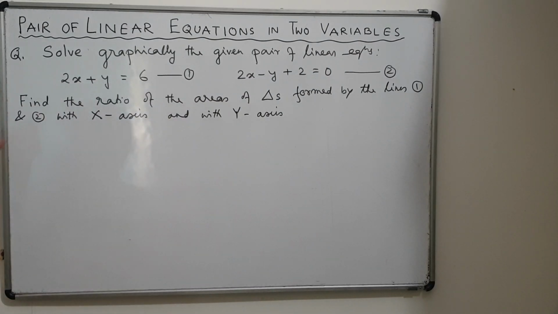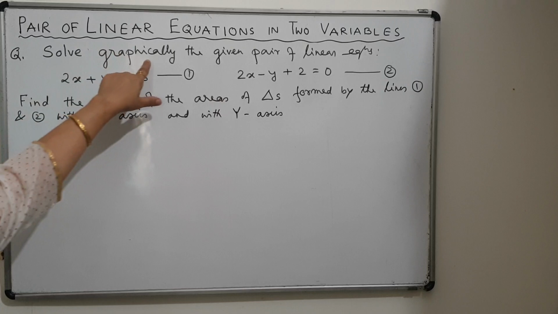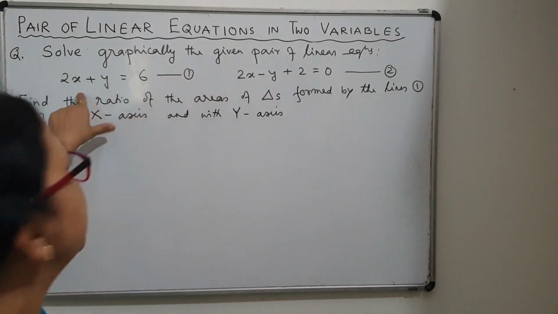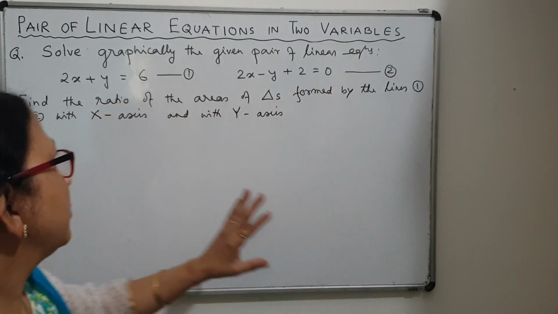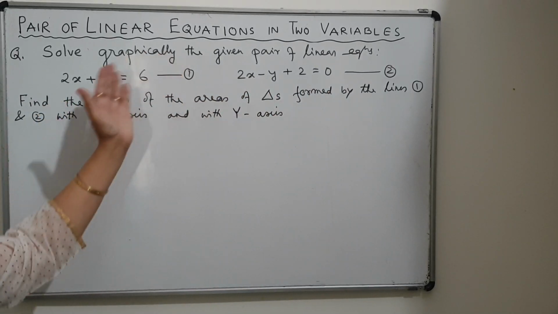Okay, so this is the question. Whenever it says solve graphically, it means you have to plot the graphs of the two equations, and from the graphs we'll get the solutions. Okay, so let us first plot the graphs.